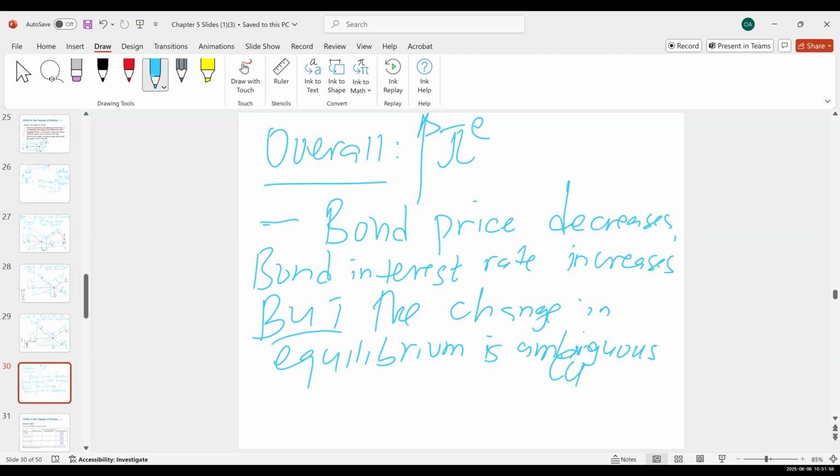Ambiguous means uncertain. In other words, you could say equilibrium quantity either increases, decreases, or stays the same. That's why we're calling it ambiguous.